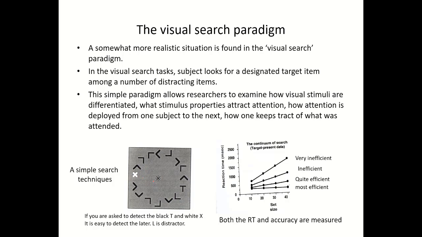So here, this is a simple search technique. If all other objects have one color, the same color, and the object you are looking for has a different color, then that's a very simple search technique, right? So you can quickly detect that.